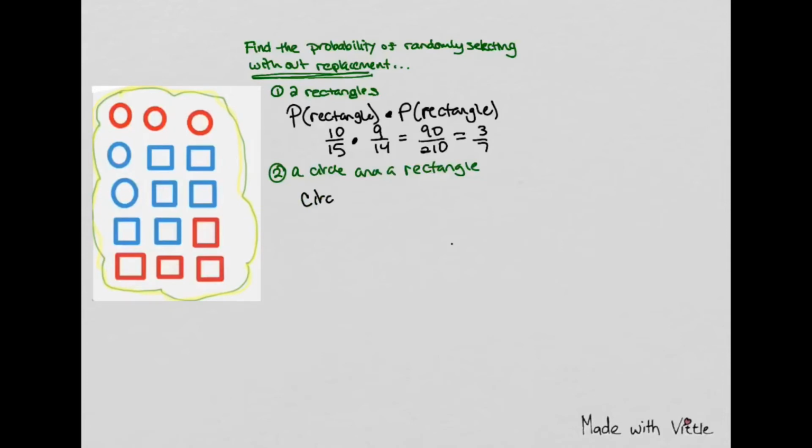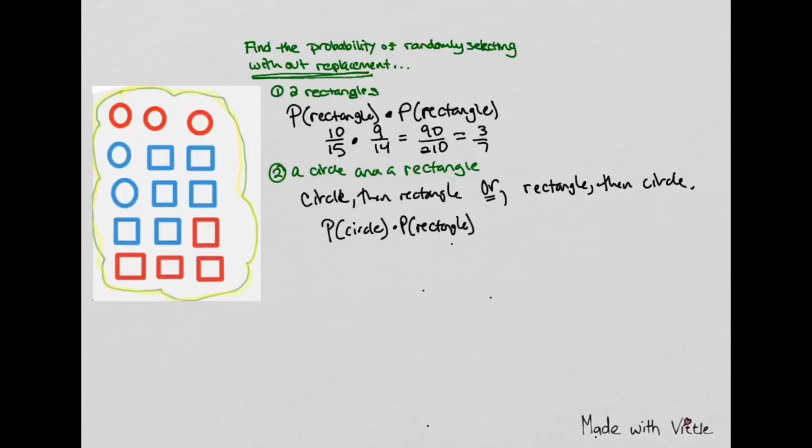Now if I look at a circle and a rectangle, now that means I could get a circle and then a rectangle, or a rectangle and then a circle. So the order in there could be different. So I'm going to find the probability of a circle times the probability of a rectangle. And then my OR, considering the backward situation, I'll do the probability of a rectangle times the probability of a circle.